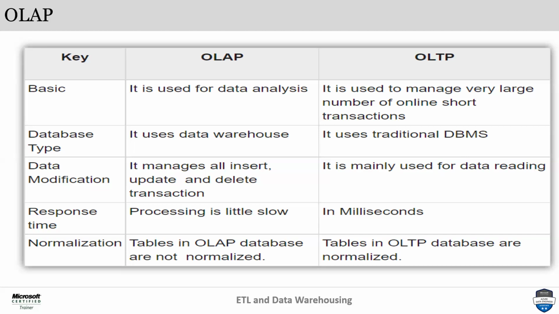That is the reason you need to understand the data warehouse basics. If you go for a data engineering interview, they might ask: what is OLAP? What is OLTP? Why is OLAP different from OLTP? Why do you need to store the data in a data warehouse? These questions are asked in interviews as well.